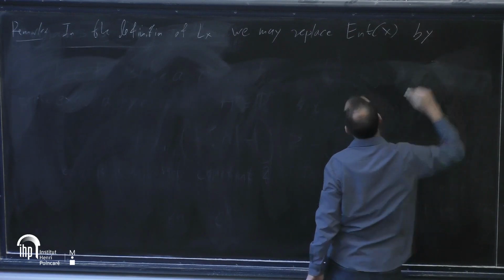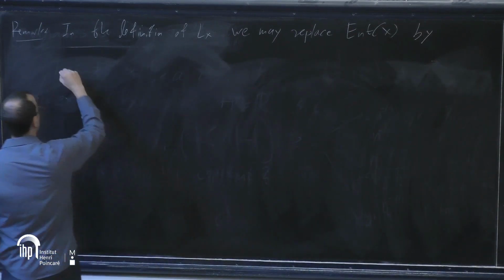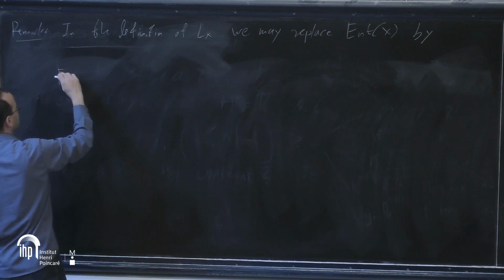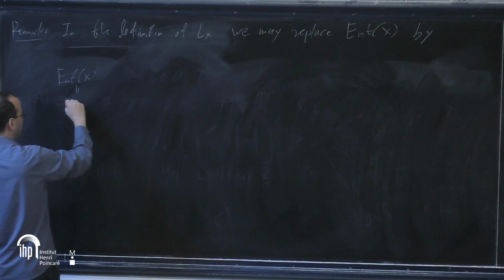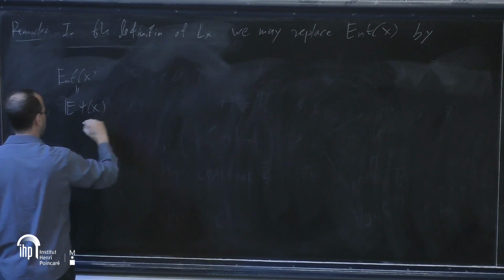For example, the entropy of X is the expectation of psi of X, if rho is e to the minus psi.